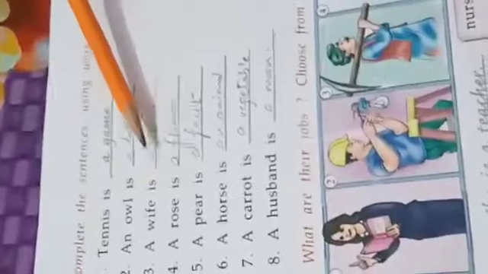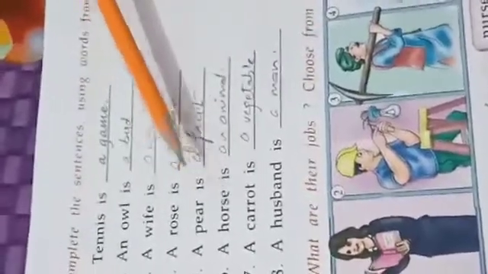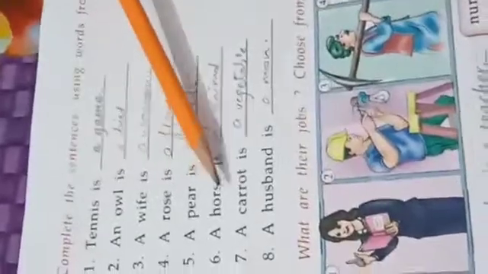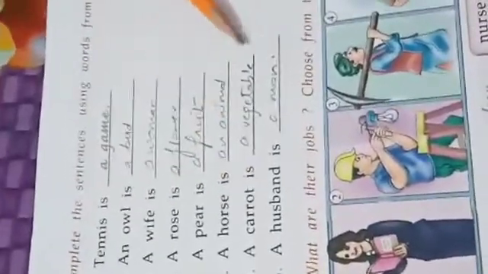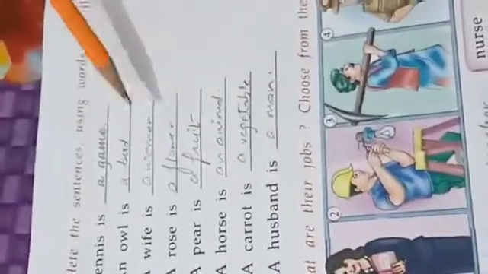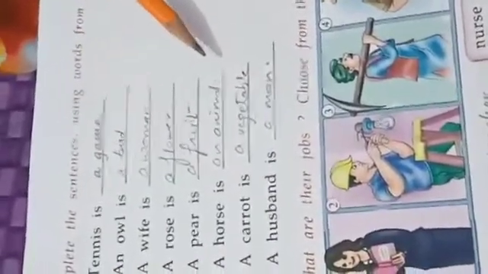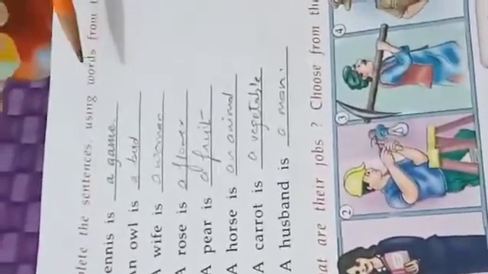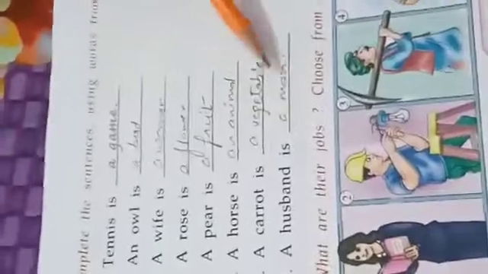A rose is a flower. A pear is a fruit. A horse is an animal. A carrot is a vegetable. A husband is a man.